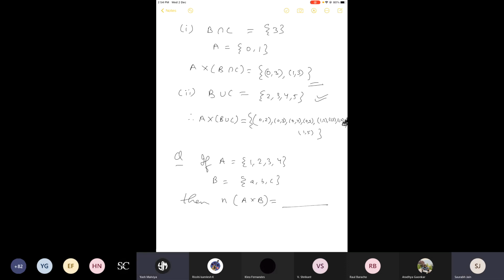Yes, Harry, what is the answer? 12. Yes, direct based on formula. Number of elements in A are 4, number of elements in B are 3, so number of elements in A cross B will be 12. Formula based thing. It can come for 1 mark.